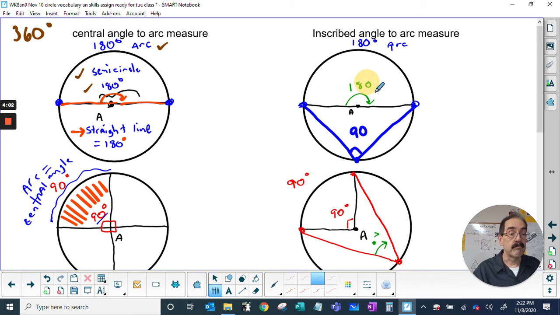It's a straight line. That's equal to the 180-degree arc. But what if I connect the endpoints of the diameter to that square we created? And this is 90 degrees. I want you to see that this 90 is half.